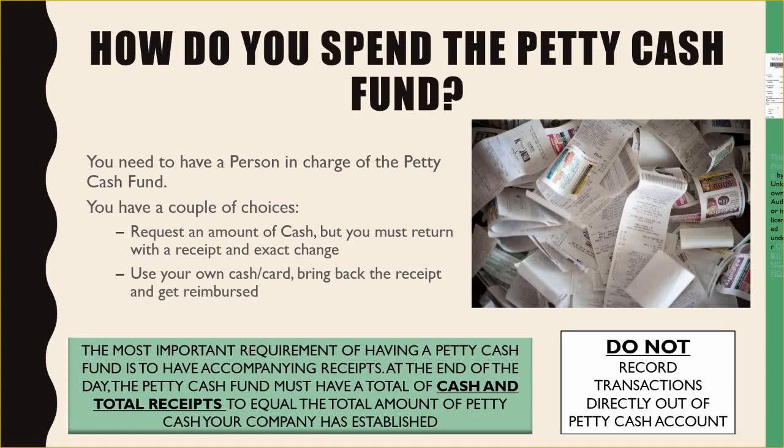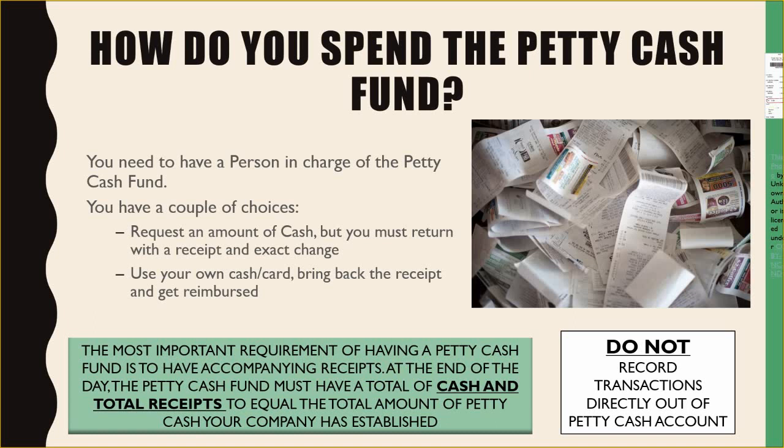Even though now that you spent the money and now it's full of receipts, the receipts total up the total amount of money that you spent, plus the cash that you have in the petty cash drawer. So that's essentially the purpose of it: you are keeping track of all the money that's being spent, and that lockbox should hold the same value that you established your petty cash drawer at, at all times.